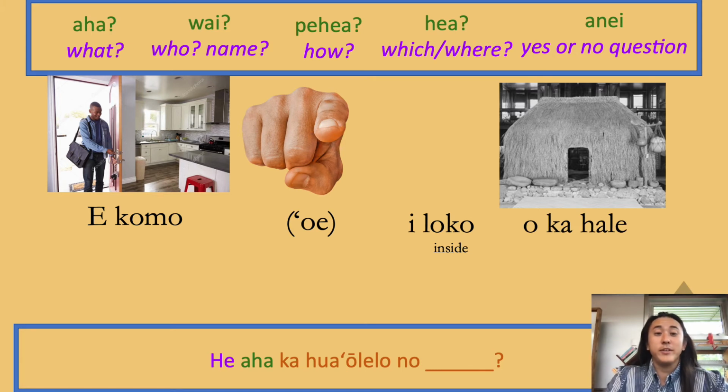You're going to be more specific. E komo i loko o ka hale. Go into the house. E komo i loko o ke ka'a. Go into the car. E komo i loko o ke keena. Go into the office.